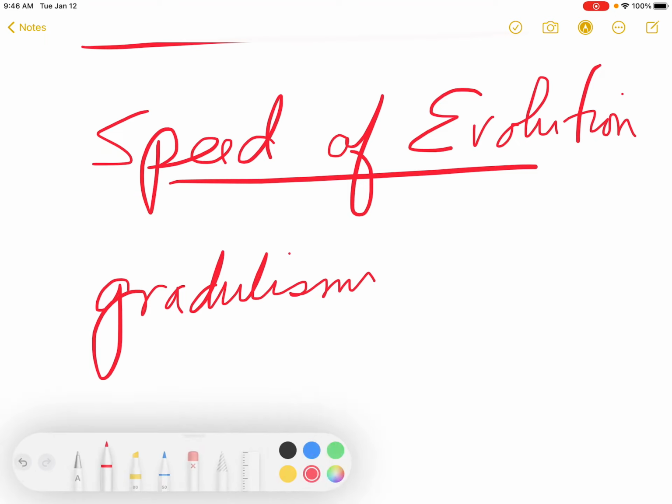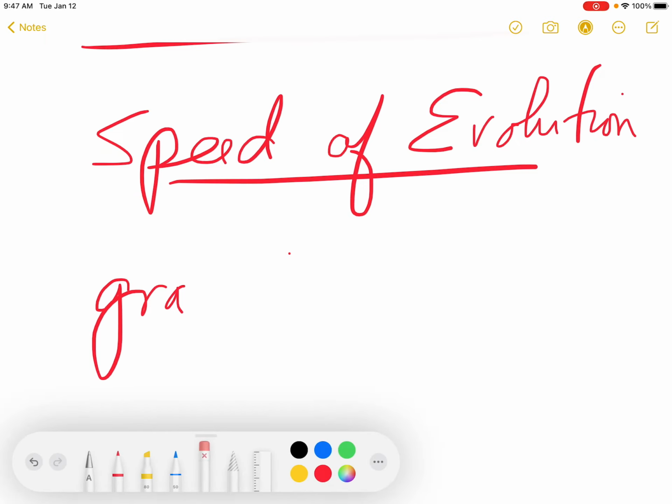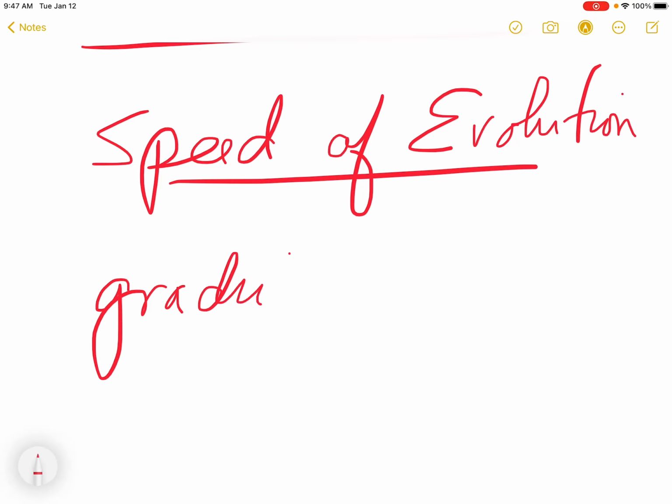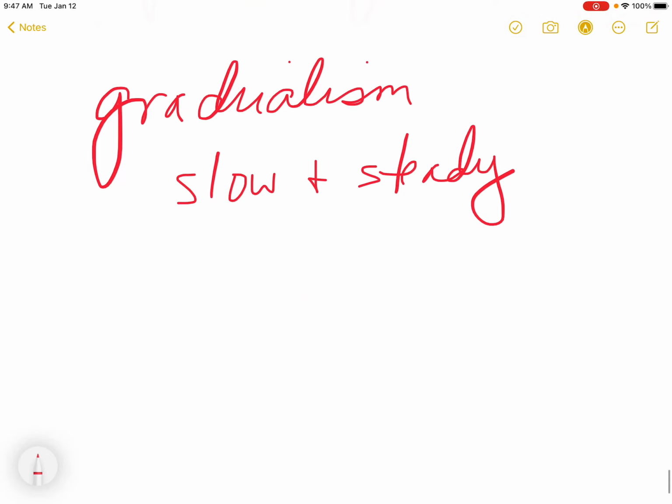Gradualism simply means that evolution is taking place at a very slow and steady rate, where one species is slowly turning into the other over millions of years.